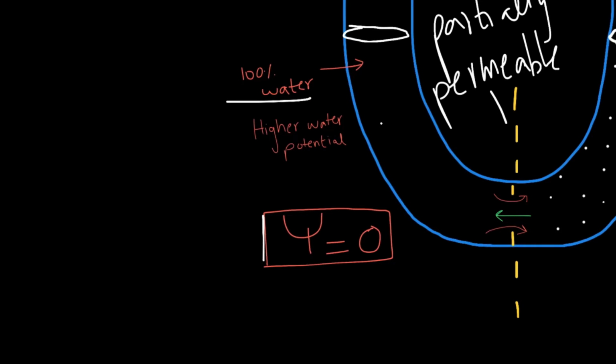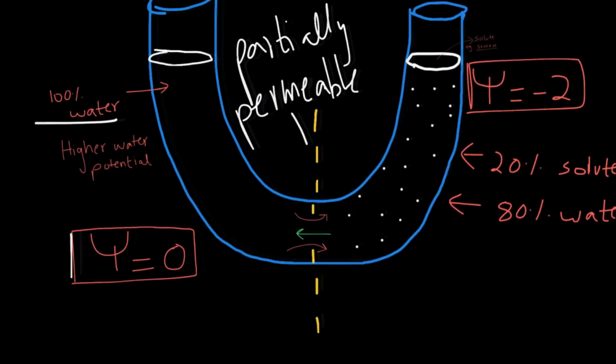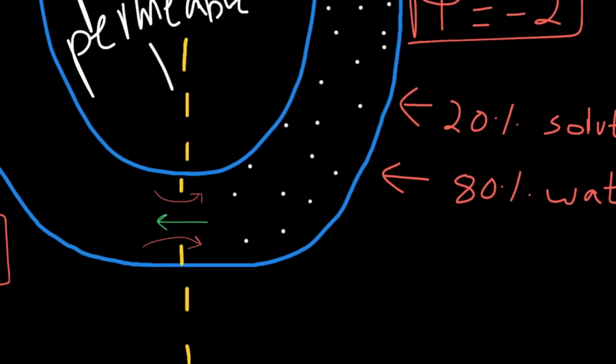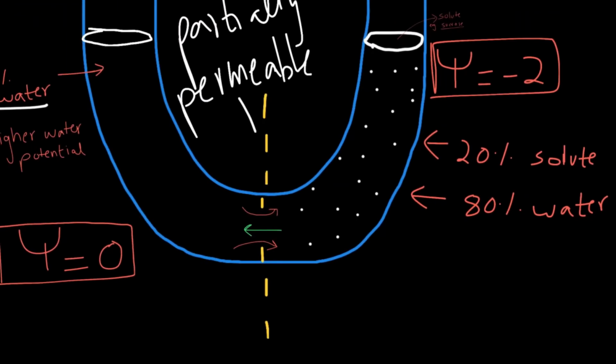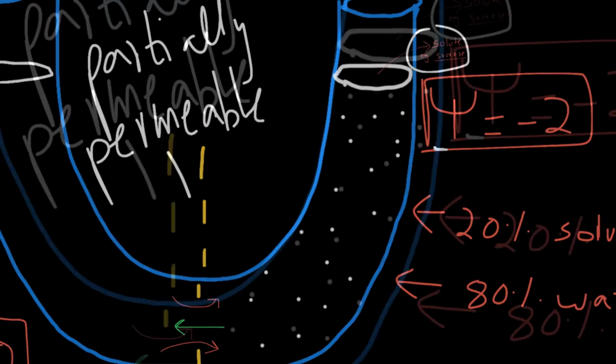It cannot exceed 0, because something which has no solute present inside it is 0. However, if you look on the other side, there is 20% solute present and 80% water. So as a result, the value becomes -2, and this solute we can suppose as sucrose.